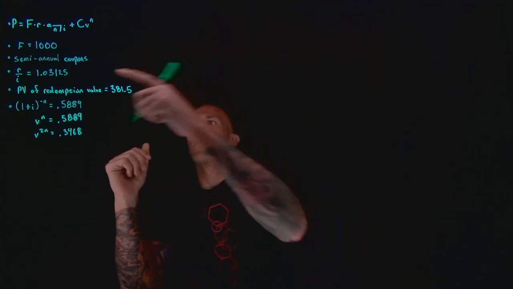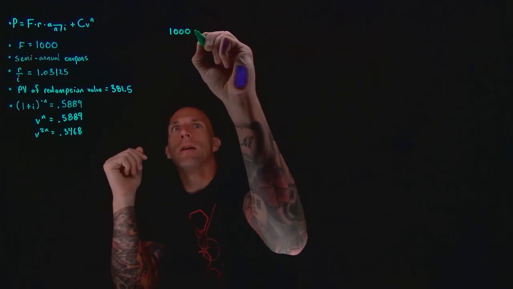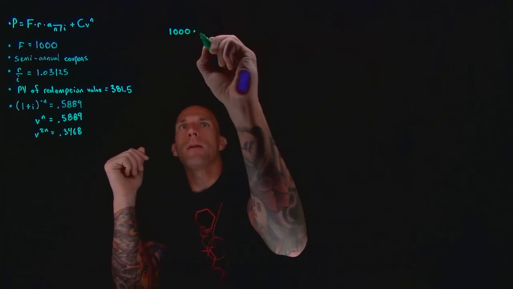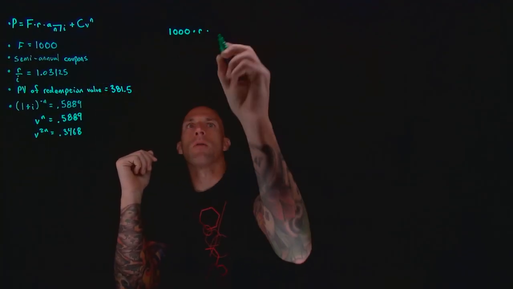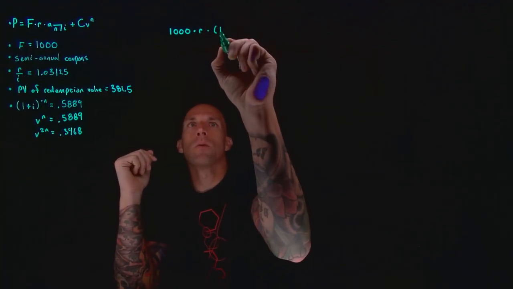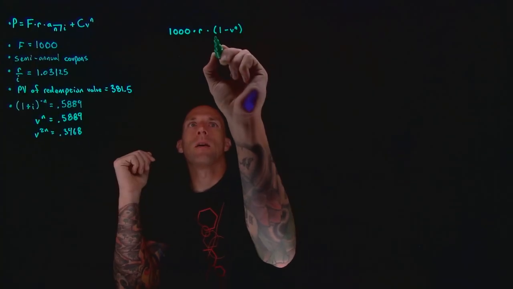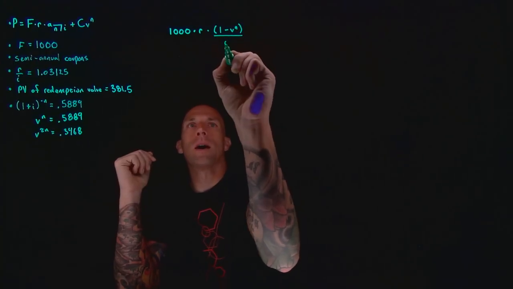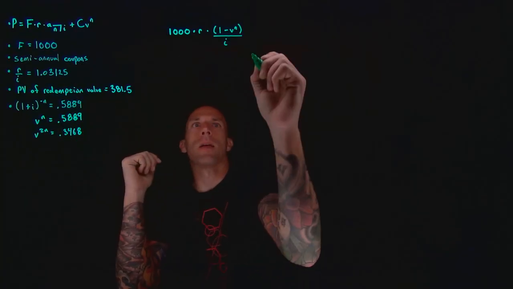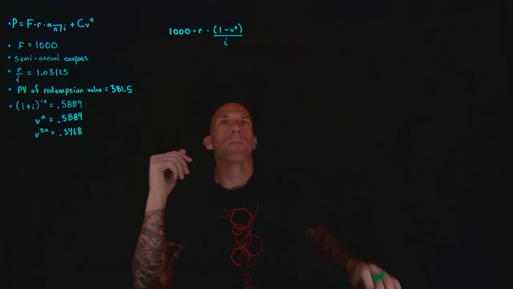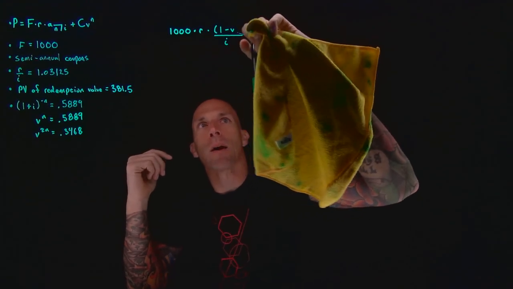So, face value, 1,000, times coupon rate, R, we don't know, times present value of an annuity, that is 1 minus v to the n over I. So we can see our R over I construction right there. But remember, this is semi-annual coupons, right?